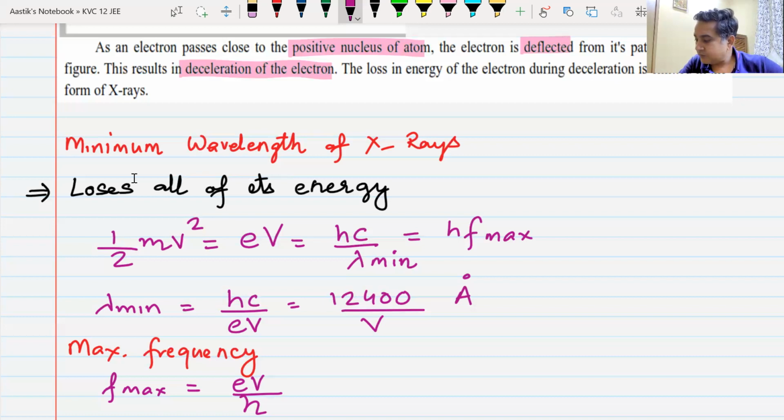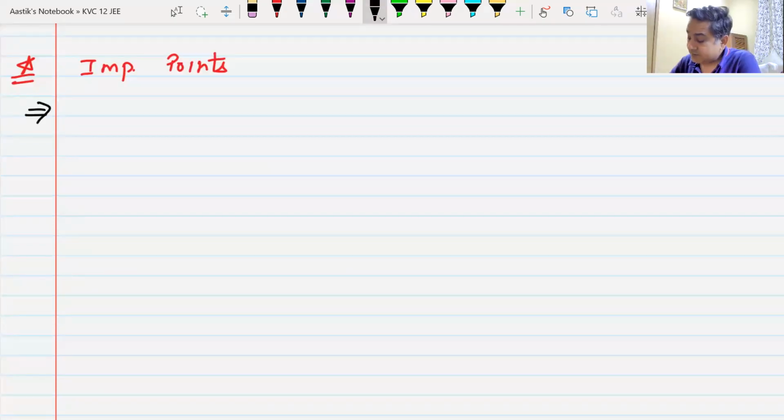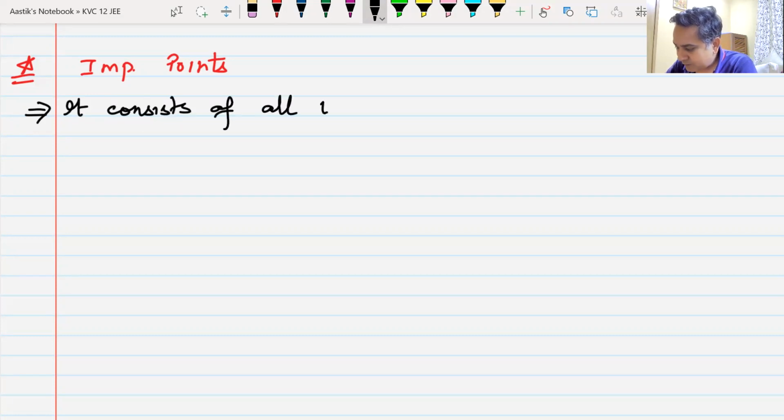What are the important points that you must remember in this? It consists of all wavelengths.